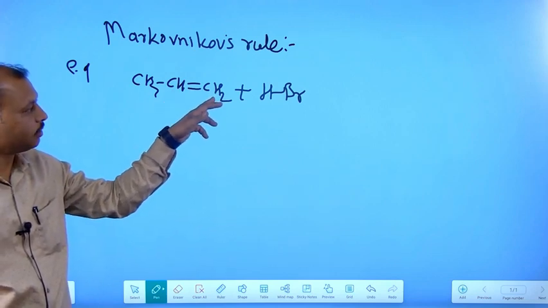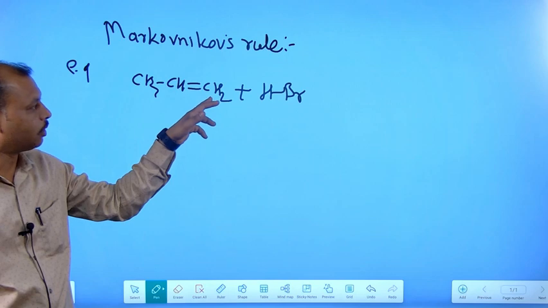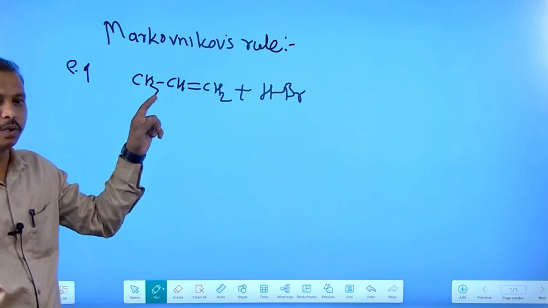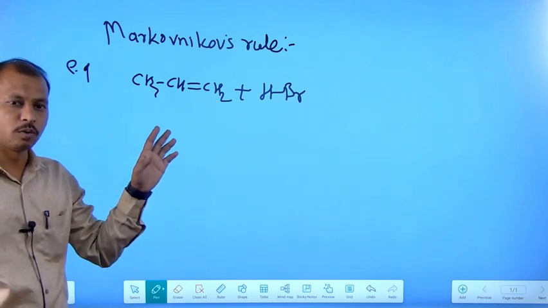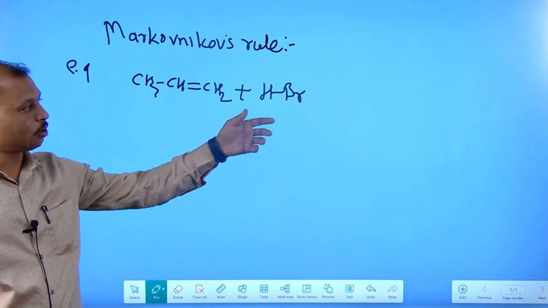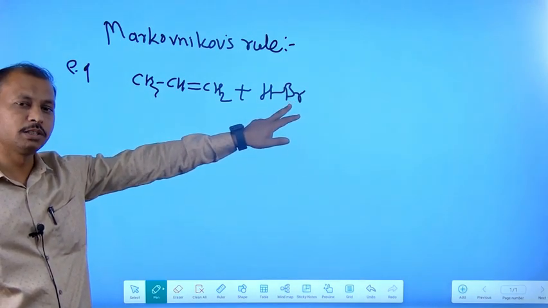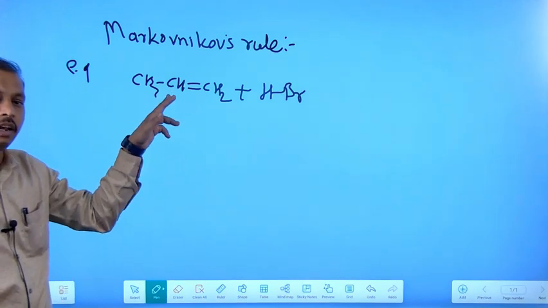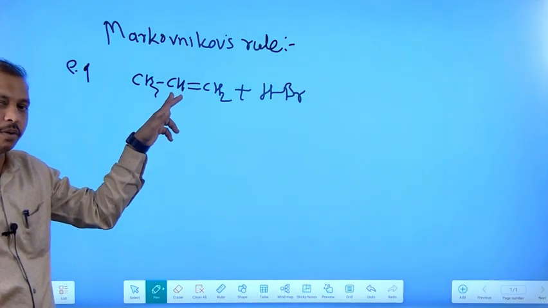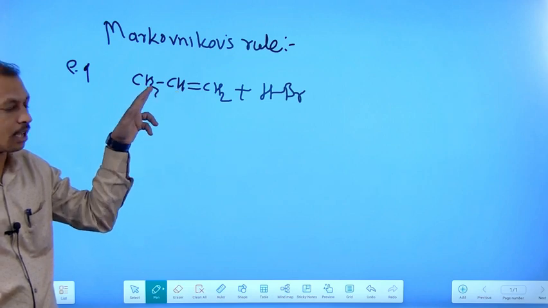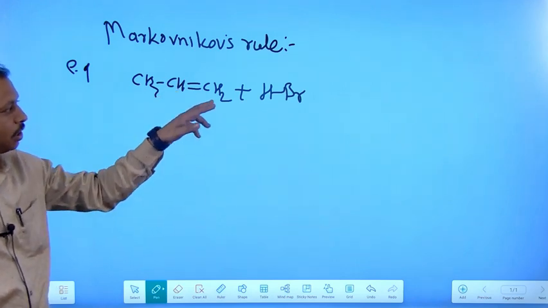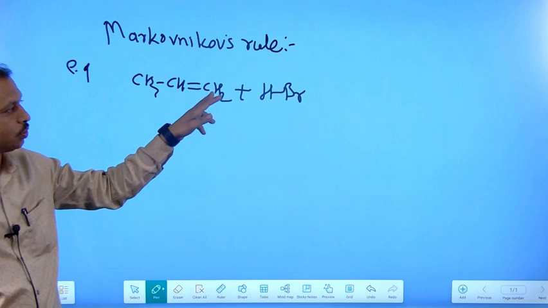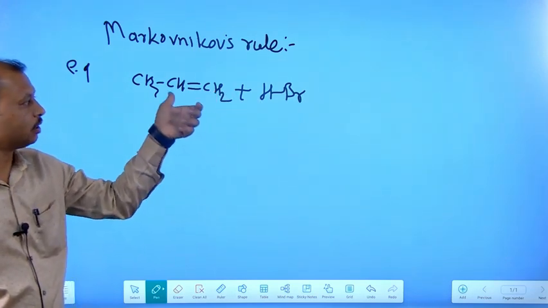In the carbon-carbon double bond, the second carbon has two hydrogens, and the middle carbon has one hydrogen. So according to Markovnikov's rule, the negative part of the reagent, that means bromine, goes to the carbon which has less number of hydrogen, that is the middle carbon. That means the hydrogen is added on CH2, while the bromine is added on the CH.